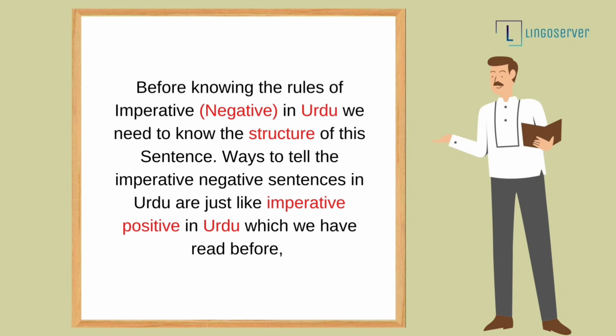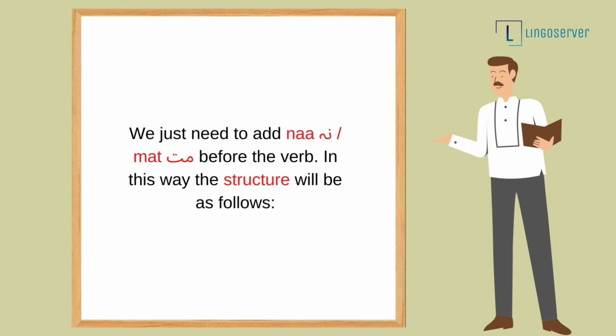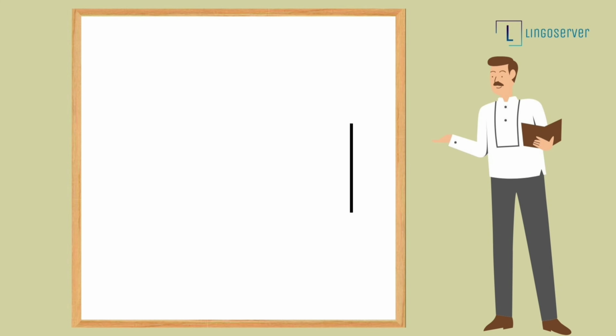Before knowing the rules of imperative negative in Urdu, we need to know the structure of this sentence. Ways to tell the imperative negative sentences in Urdu are just like imperative positive in Urdu, which we have read before. We just need to add na or mat before the verb. In this way, the structure will be as follows: object plus mat or na plus verb.